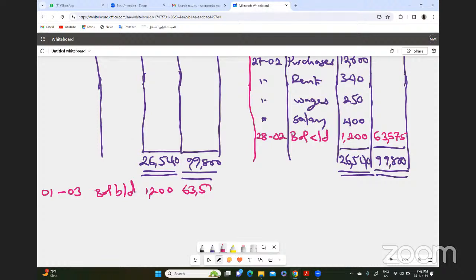Excuse me, sir. Yes, please. What if we had gotten, for example, bank on the credit lesser than the bank on the debit, then do we say balance carried down, balance brought down? Okay, if the credit side was more than the debit, then it means that we have an overdraft. So this imbalance, we should put it on this side.